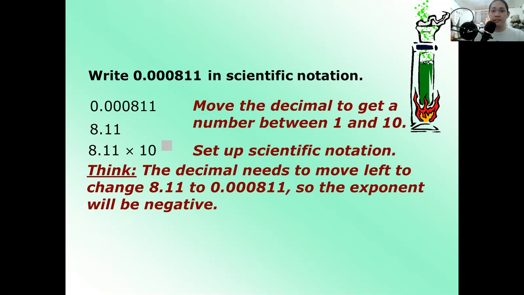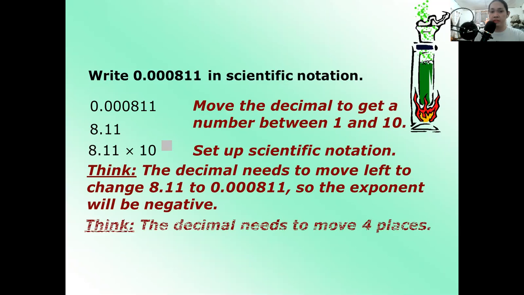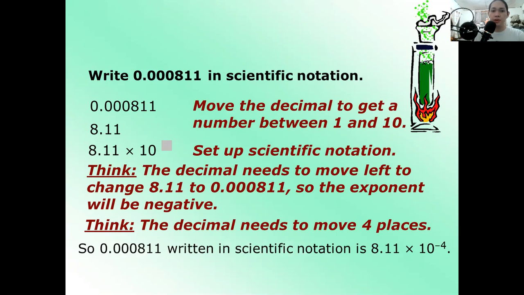The decimal needs to move left to change 8.11 to 0.000811. So the exponent will be negative. The decimal needs to move 4 places. So 0.000811 is written in scientific notation as 8.11 times 10 to the power of negative 4.